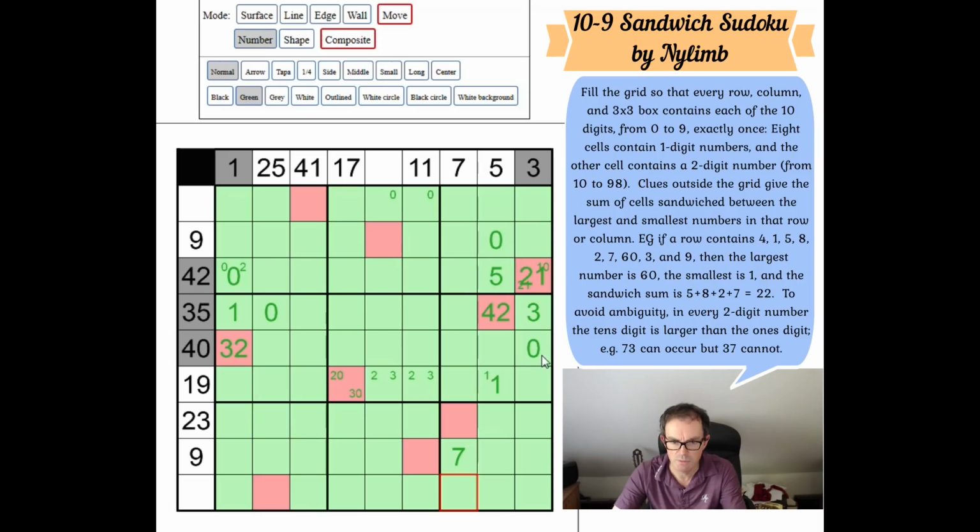Now look, we know there's a 0 in one of these 2 clues. Oh, whoa, this is getting complicated again. And there's a 1. Oh, and there's a 2. Oh, good grief. So I don't know how to resolve it.